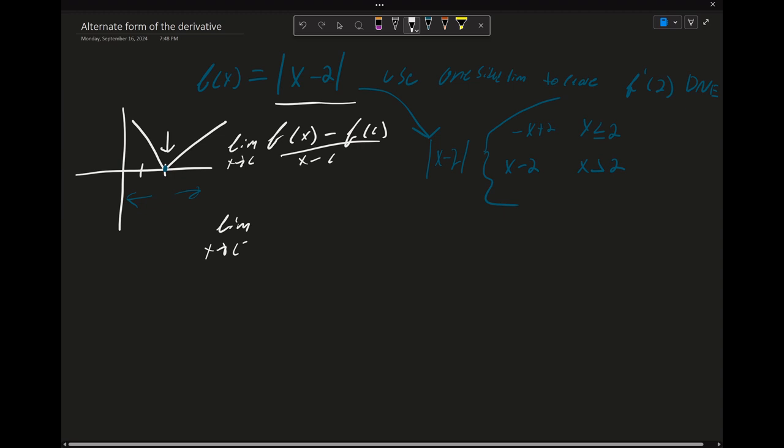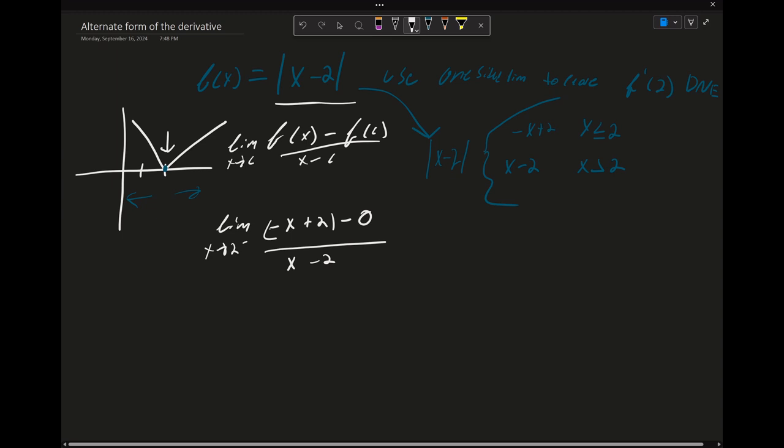So f of x from the left is negative x plus 2, minus f of c, so f of 2 evaluated on that equation, which would be 0, over x minus the value of c, which is 2.